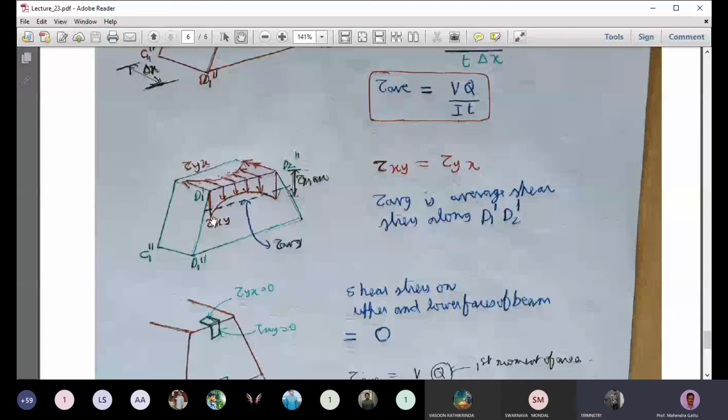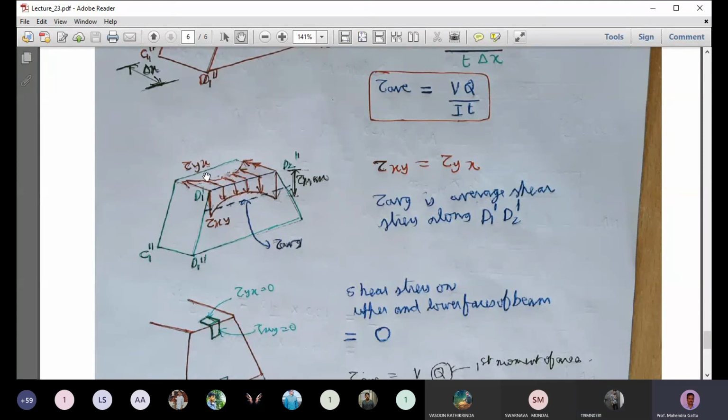The maximum value will come at the edge. At D1 prime and D2 prime, we'll have the maximum shear stress, and at the center it will be minimum. Some profile will be like this, and there will be some average stress value, which is equal to VQ by It. So we'll have tau max, tau minimum and tau average.